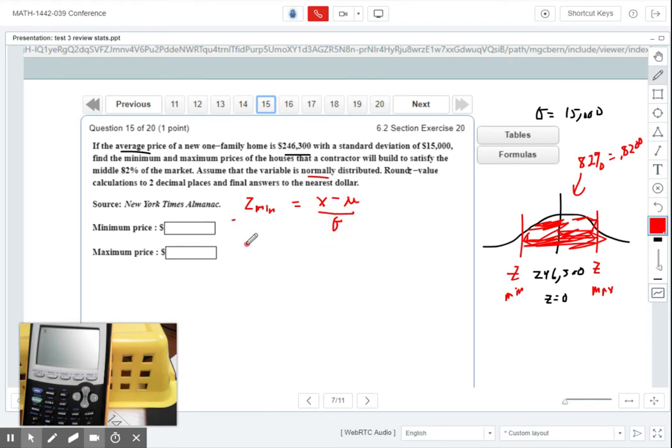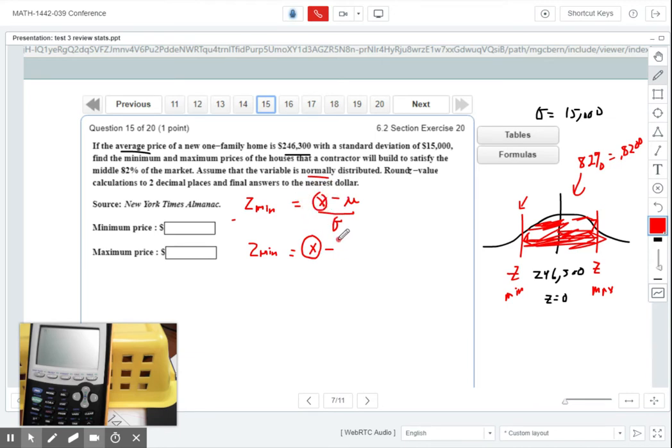So to find the z-value, we want to find this x right here. We know the average. By the way, x is the minimum price. This is what we're actually looking for.